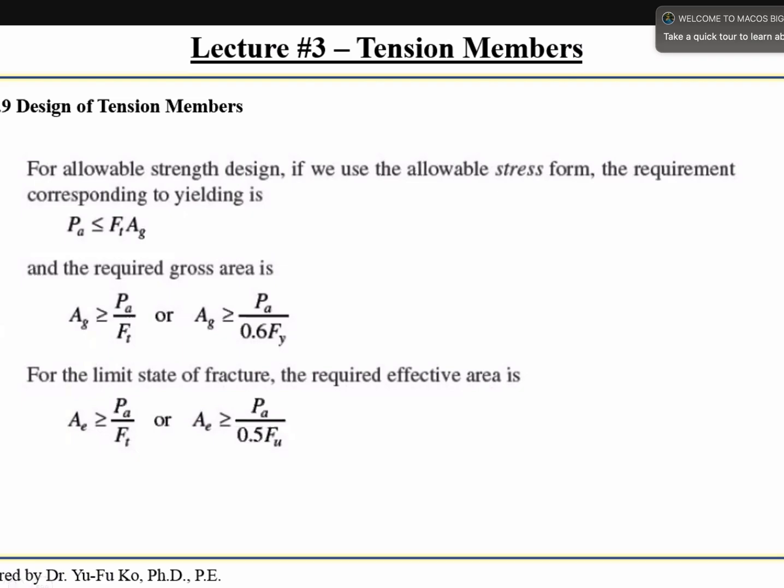Likewise, if you guys prefer to use allowable strength, you can modify this term, and then you can reach the same equations. So I'm not going to repeat in here. So this is the ASD design equation for tension member. Any questions so far for these slides?